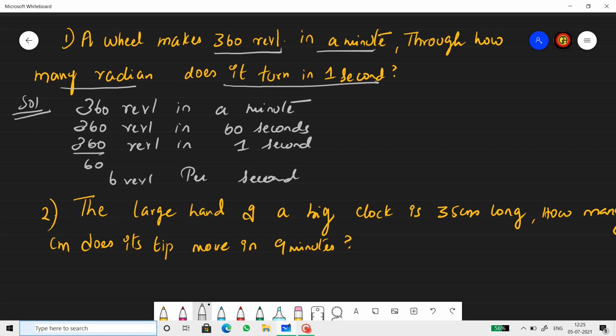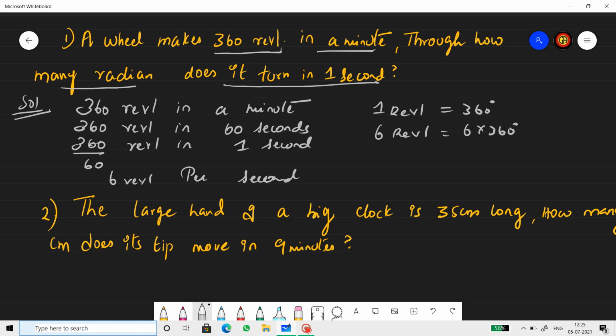And in each revolution, it covers 360 degrees. One revolution equals 360 degrees, so 6 revolutions equal 6 into 360 degrees. And we want the radian of that.